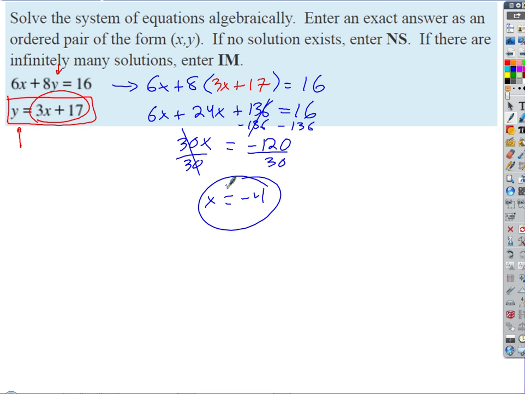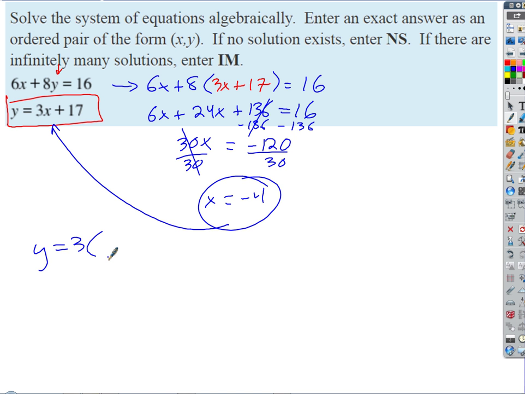And now here's why we put a box around the substitution equation, because now we'll just go back to the box and plug in this value of x to find out what y is. When we plug that in, we get y equals 3 times negative 4, which is the x value that I'm plugging in, plus 17.